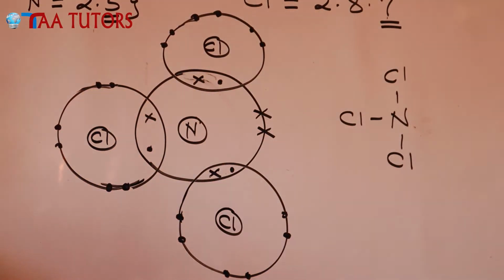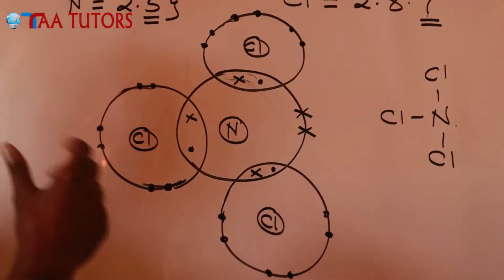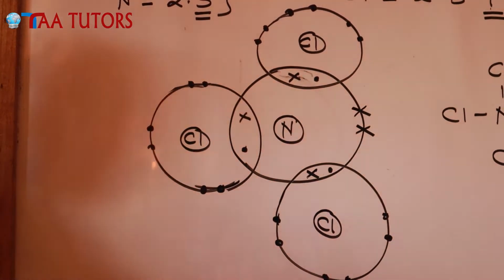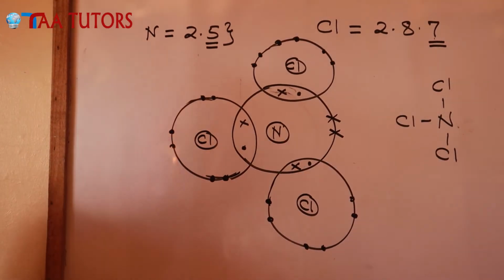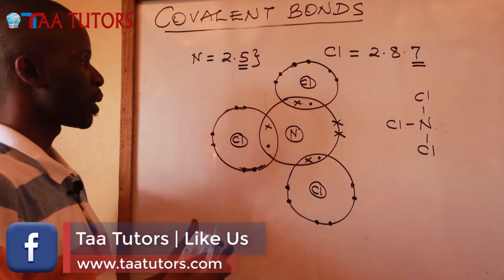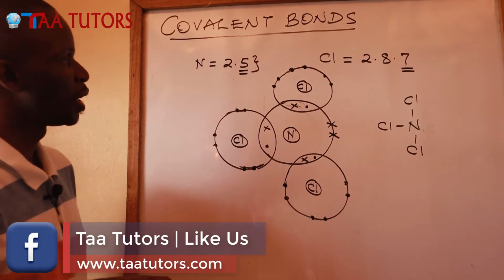So we have actually drawn compounds. They are now molecules which are compounds because they are molecules of atoms from different elements. Earlier we looked at covalent bonds between molecules which are elements, because the atoms making those molecules are from one element.